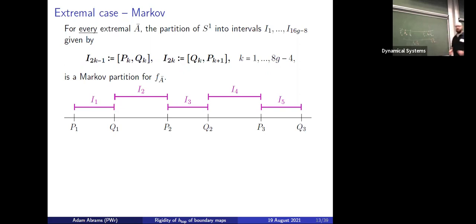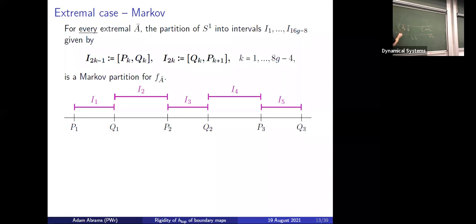So these parameters tell you when the boundary map uses different generators. And for an extremal parameter, because each Ak is either exactly Pk or exactly Qk, the only thing you're unsure about is this interval between Pk and Qk.